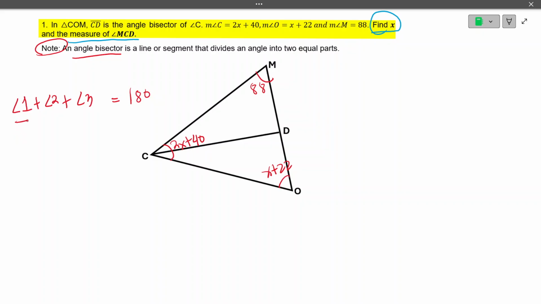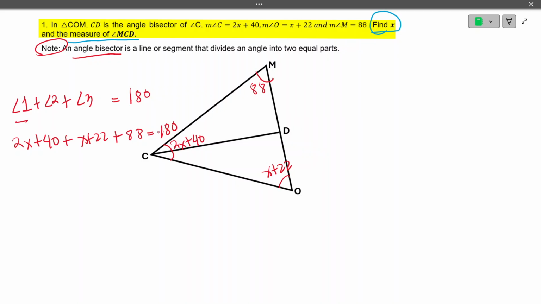Our angle 1, or angle C, is 2x plus 40. Our angle 2 is x plus 22. And our angle 3 is 88. When we add these three angles, it should give us 180.